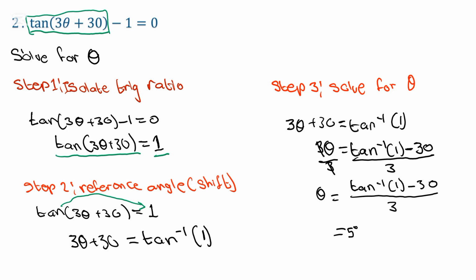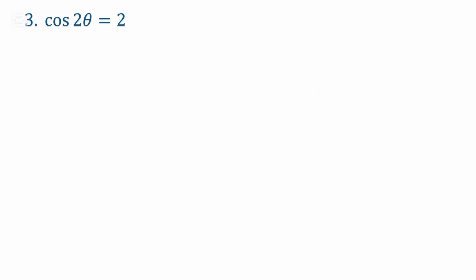So let's take a last example of the very same thing. Let's take your given cos 2 theta is equal to 2. Remember, you will be asked to solve for theta, so you must use your steps.